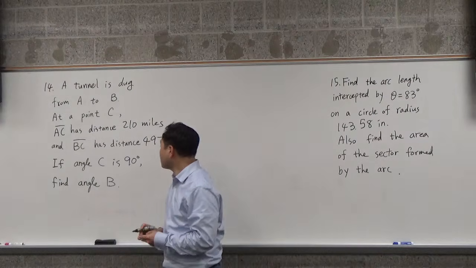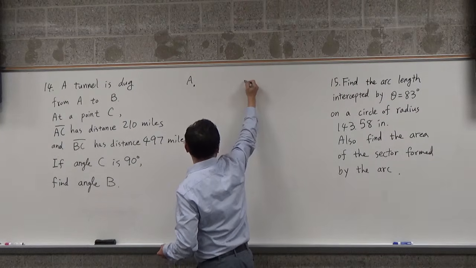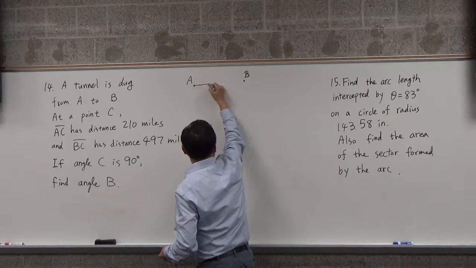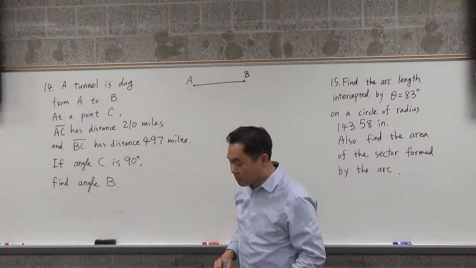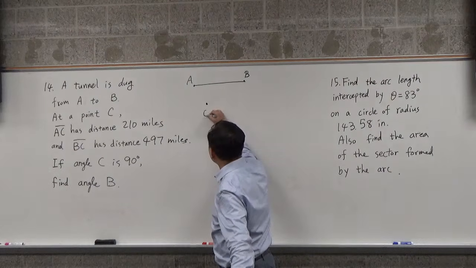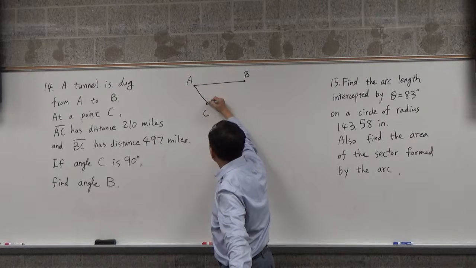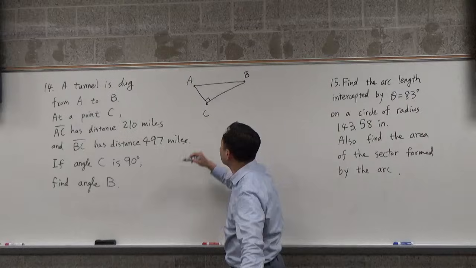All right, so this question 14 says there are point A and then another point B. They're trying to build a tunnel. And it says that from this separate point C, if you look to A and B, this forms 90 degrees.